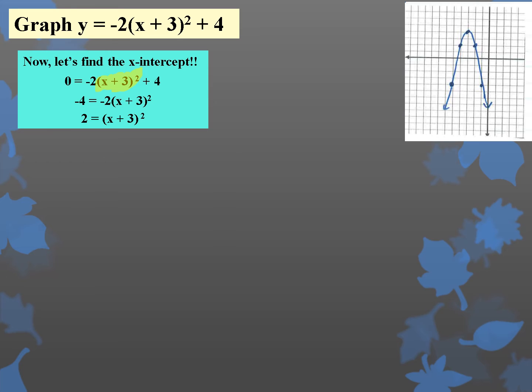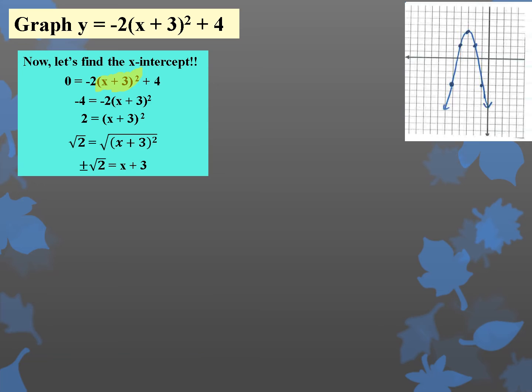Well, how do I undo squaring something? I take the square root. Now, here's something you need to pay attention to. Anytime you're solving and you physically take the square root, you have to put plus or minus, okay?